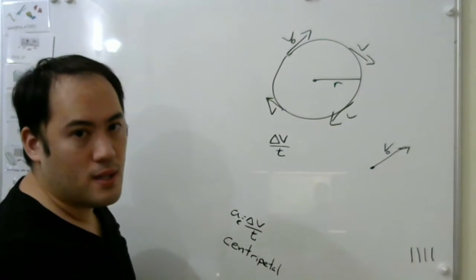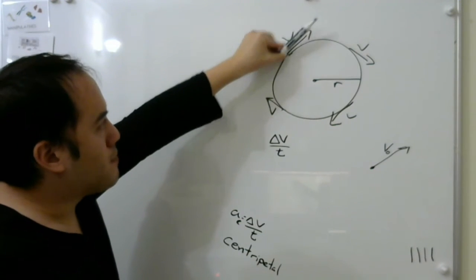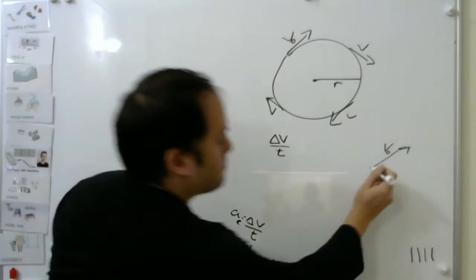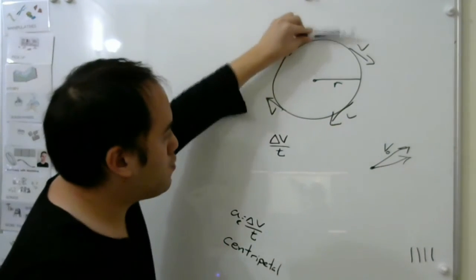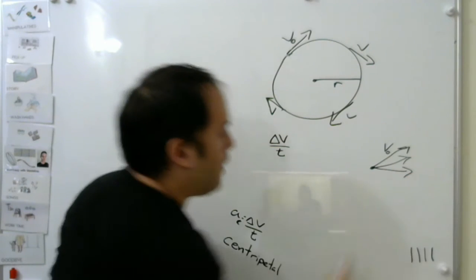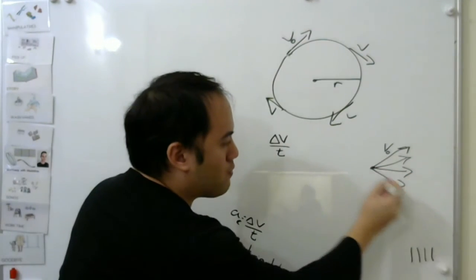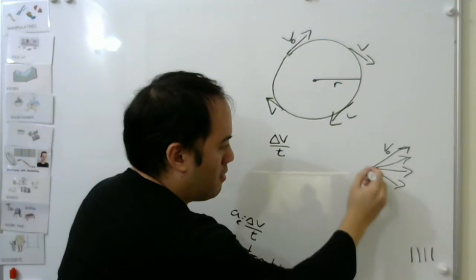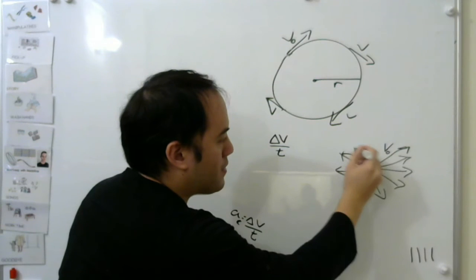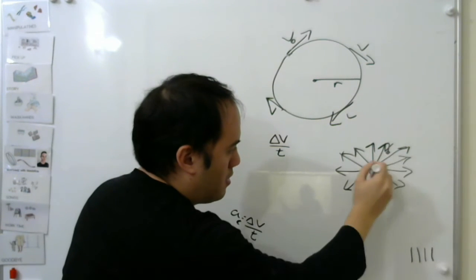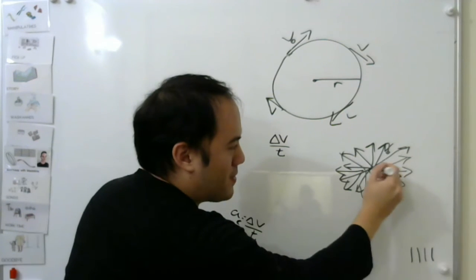There's v naught. How will v look a second later? Like that. How will it look a second after that? How will it look a second after that? If we drew v at every point around the circle, we would get a full circle.